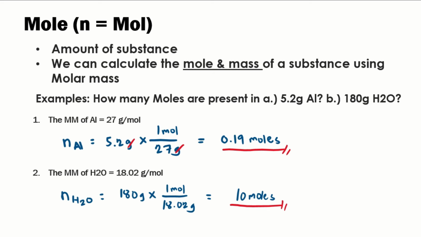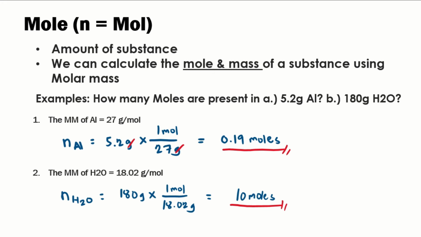Okay? So next, for the water, sample number 2, we have its molar mass of 18.02 grams per mole. So using the molar mass, compute na natin siya with the mass. So 180 grams times 1 mole over 18.02 grams. Makakancel si grams. And we have 10 moles.